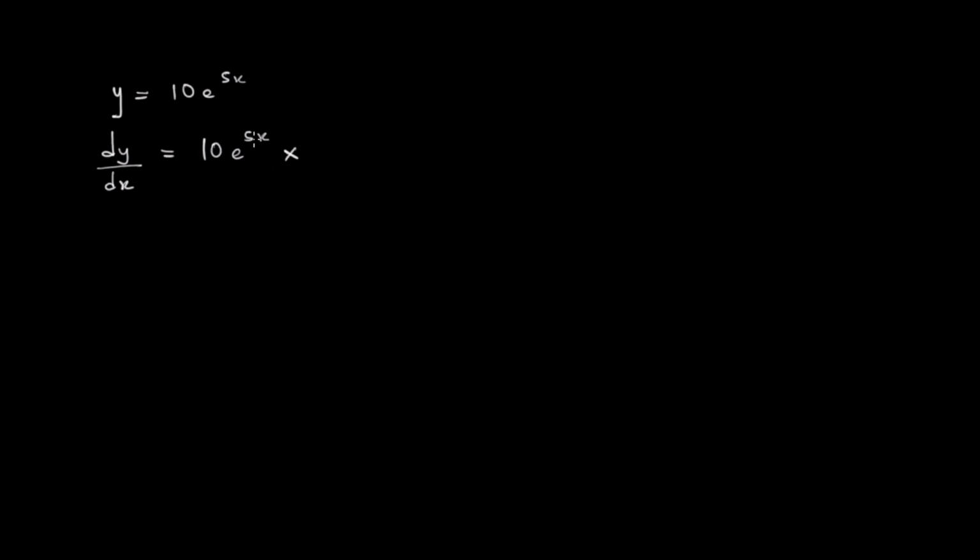Inner derivative. What is the derivative of 5x? Kana chiti inner derivative tukureva derivative of the power which is multiplying the exponential function. Saka what is the derivative of 5x? The 5. Out from here tikazongo multiply my numbers. 5 times 10, that's 50 e to the power 5x. That is going to be the answer, as simple as that.